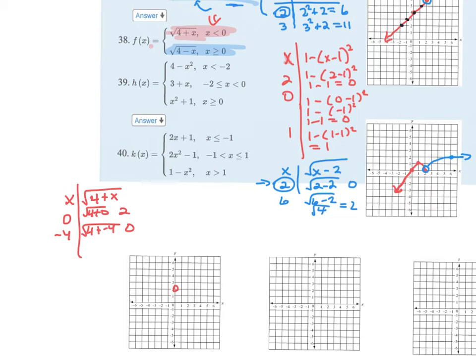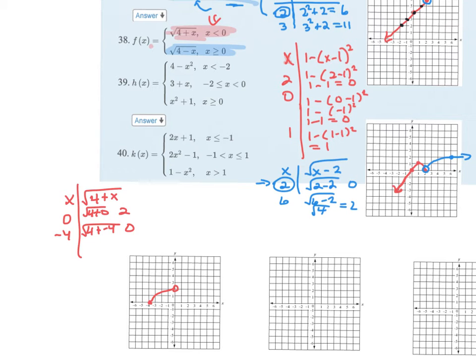And then the other ordered pair will be the -4, 0. Now my graph is going to stop here because if I plug in -5, then I'm going to end up with an imaginary solution.